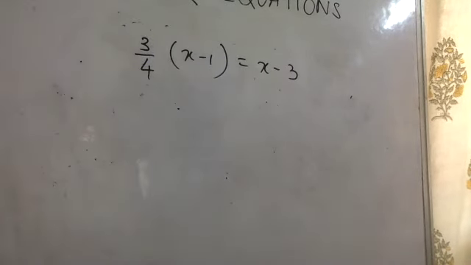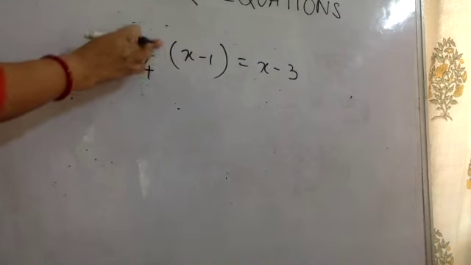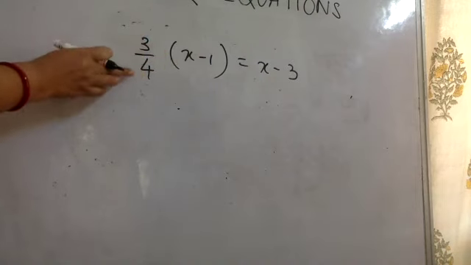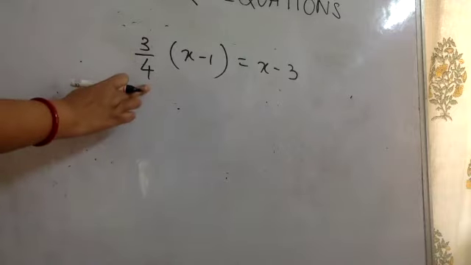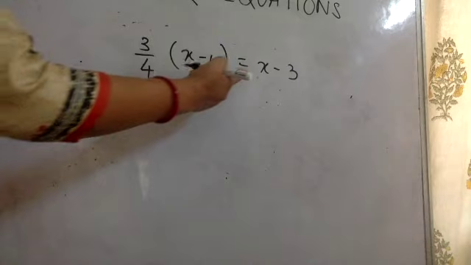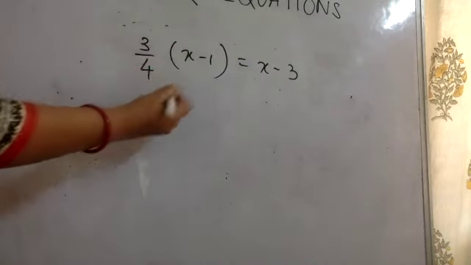Now here I can see that this 3 by 4 has been multiplied with this because there is no sign here, and this is basically a small fraction. So the denominator will go that side and get multiplied to the whole of it. Please don't multiply only with 4, but it gets multiplied to the whole of it.